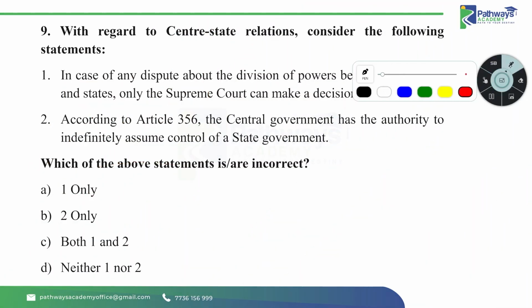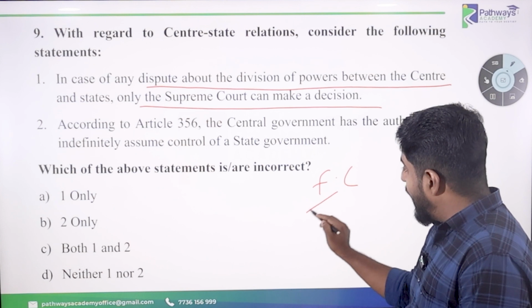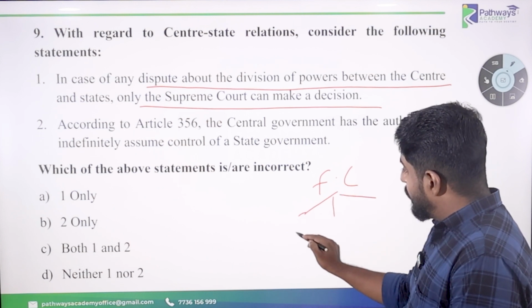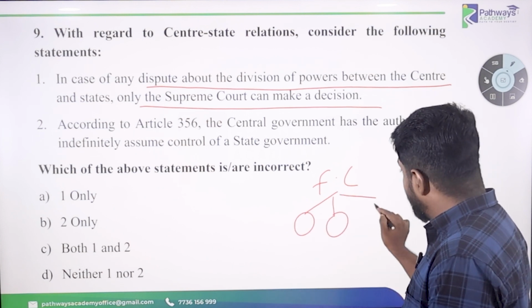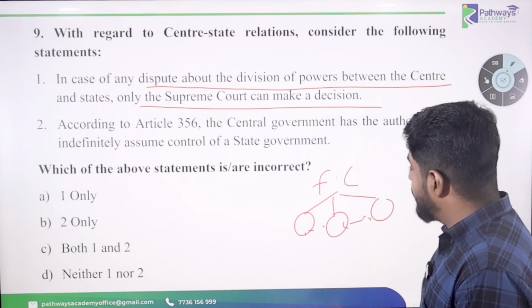The 9th question says, with regard to center-state relations, consider the following statement. In case of any dispute about the division of powers between the center and states, only the Supreme Court can make a decision. Sir, the Supreme Court of India is also known as the Federal Court. Why? The Federal Court means this court has the power to resolve disputes among different states.